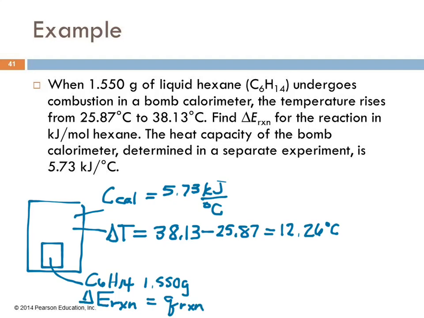The reaction generated energy and gave it to what? The calorimeter, right? So the heat lost by the reaction equals the heat gained by the calorimeter, right? Because the heat of the reaction plus the heat of the calorimeter has to equal 0. First law of thermodynamics, the energy of the universe is not changing.